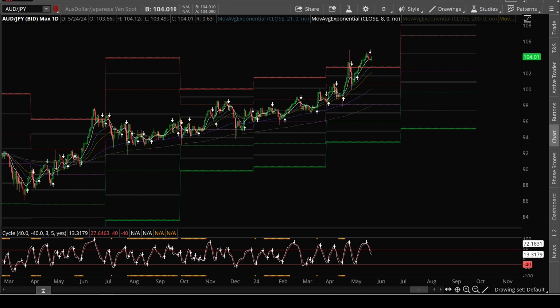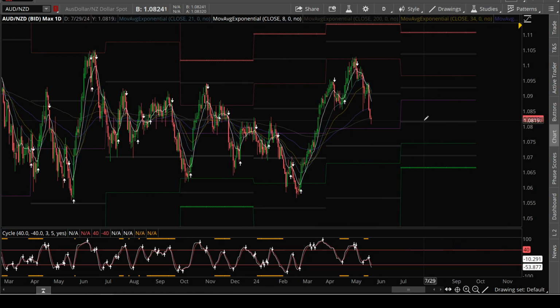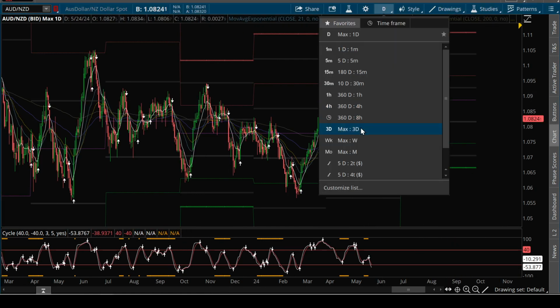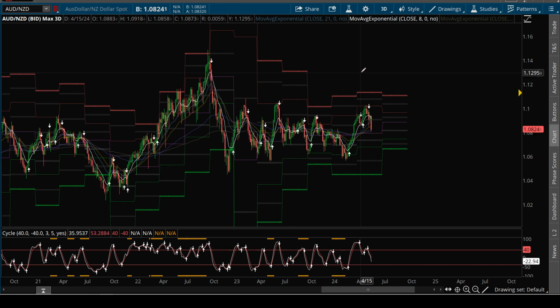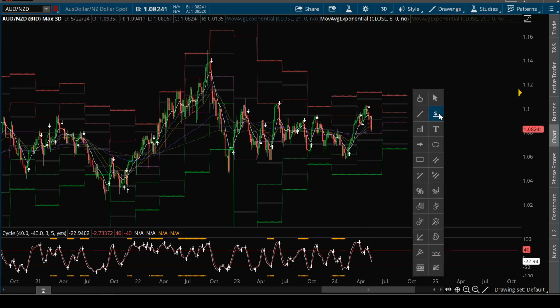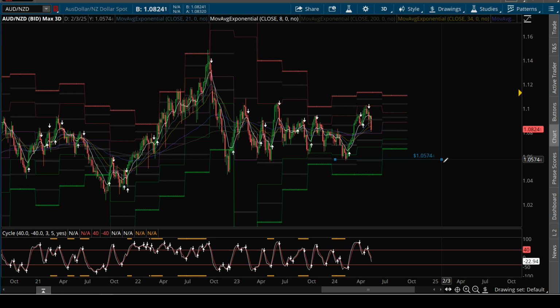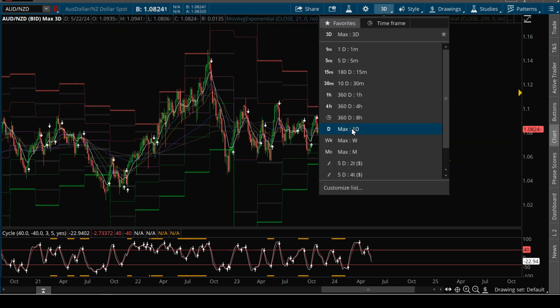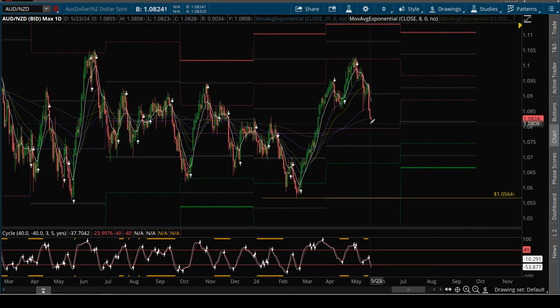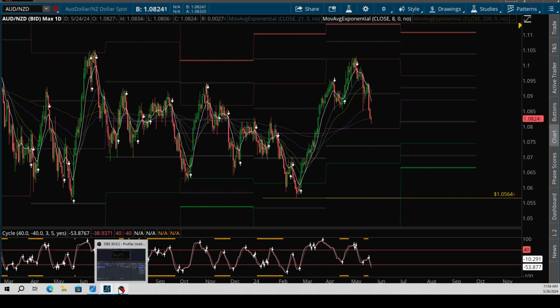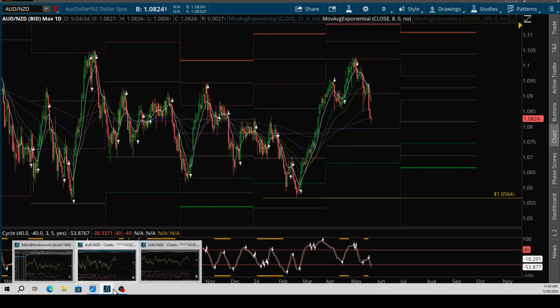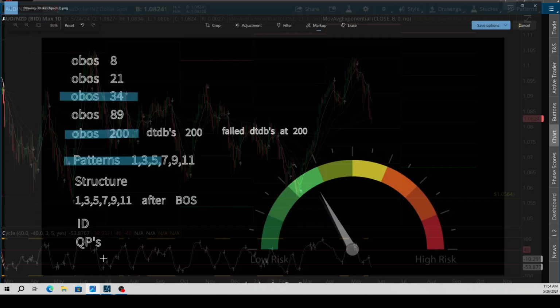Let's go to Aussie New Zealand. Aussie New Zealand, jump up to the 3-day chart, and all this, you could potentially be coming back down to these lows. All right, on the 3-day chart, you got nice inside divergence right here at the top, and I like this for downside. You're waiting for a double bottom to fail down here at the 200. Back to this, right?